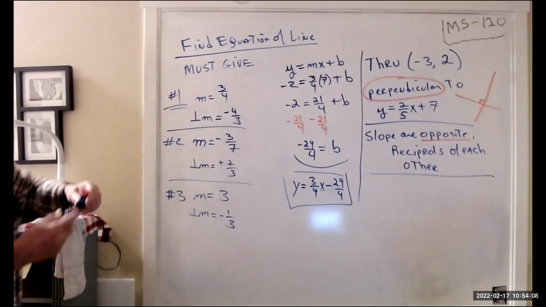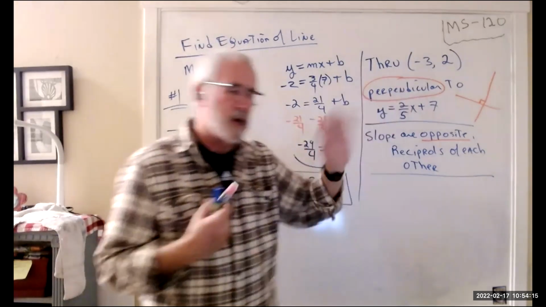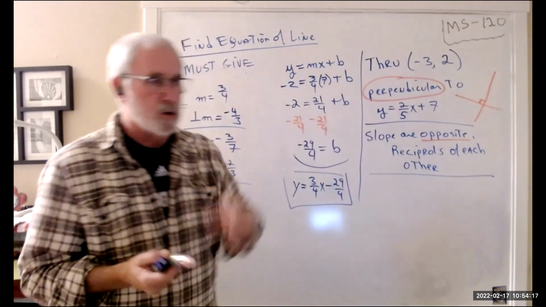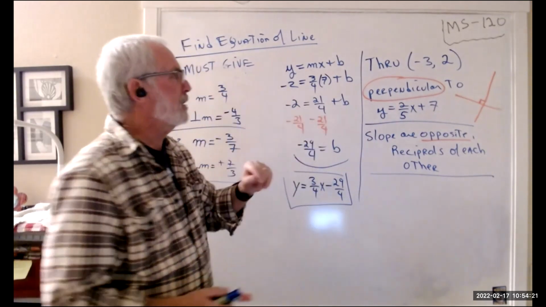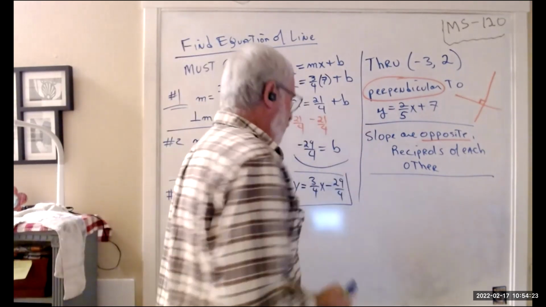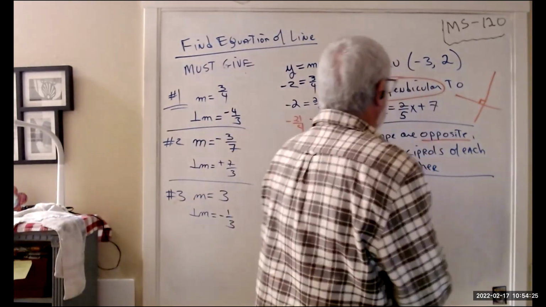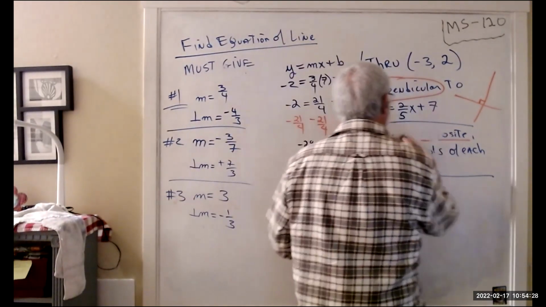So for perpendicular lines, we have to work a little bit harder. Parallel lines are a piece of cake. You just take the slope and use it. Perpendicular lines, we've got to think a little bit more.